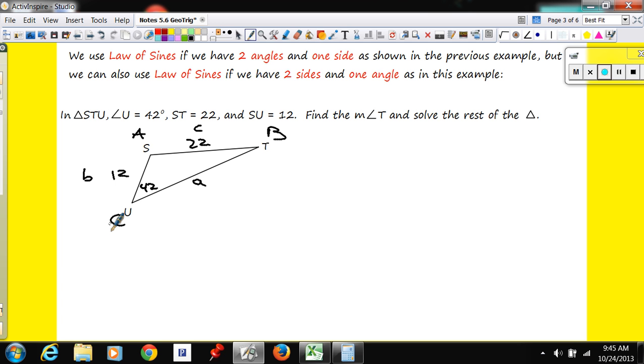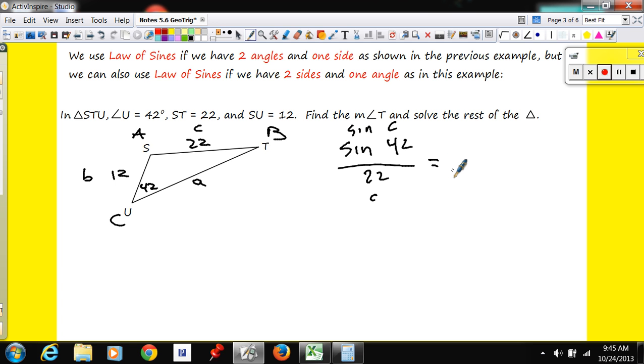Now, if I look at the ones I have, I've got angle C right here, and I've got little c. So that is one that I have to use because that's one that I have both of. Sine of 42 over 22. That would be like the sine of C over little c, or the sine of U over little u if you'd rather just use the u. But it's the same letter because it's an angle across from its side. So that one is one that we have to use.